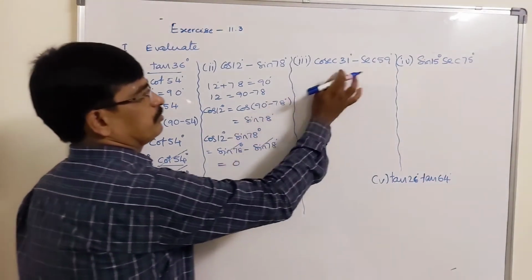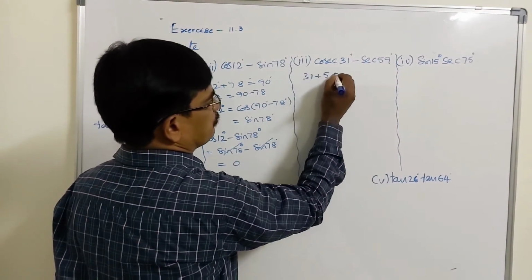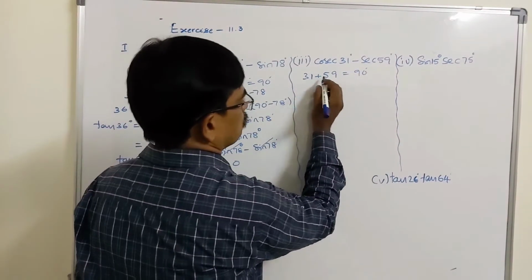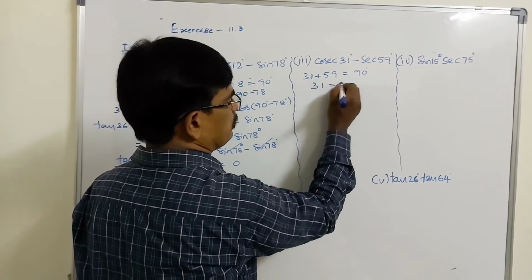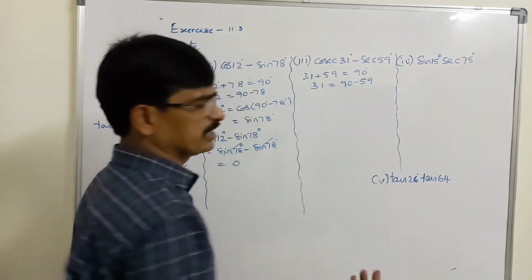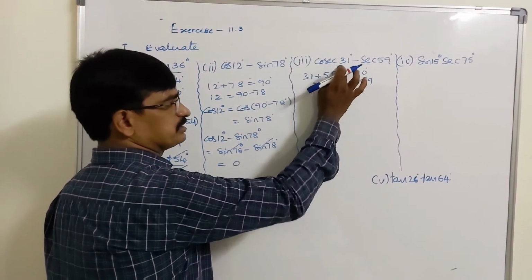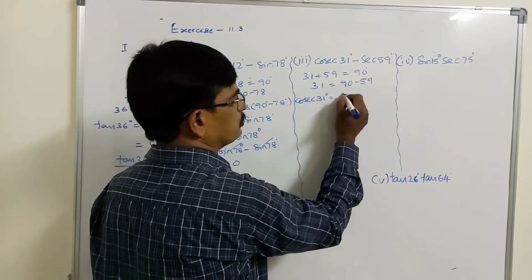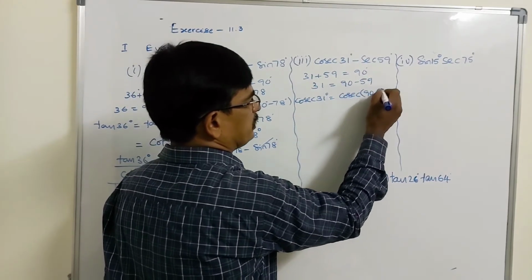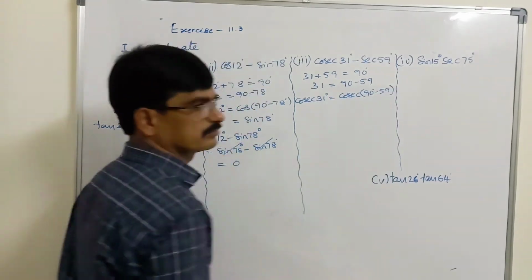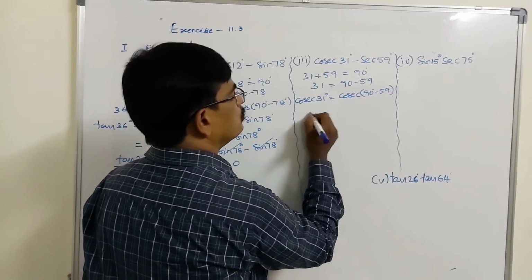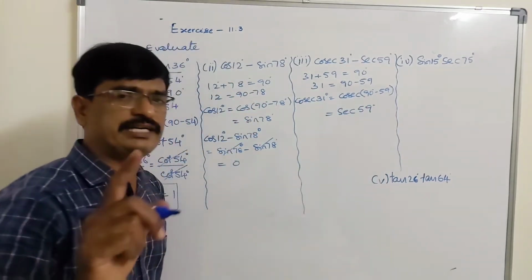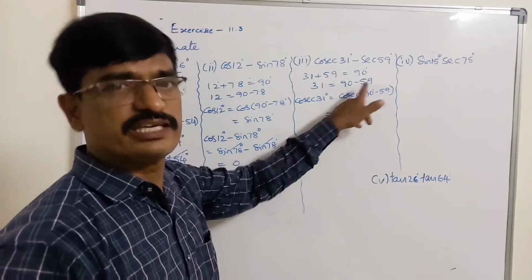Here 31 plus 59, you check once. 31 plus 59 is also 90 degrees. That is, they are complementary angles. Now transpose 59 to that side. 31 is equal to 90 minus 59. So now your cosecant 31 is there. Apply cosecant on both sides. Cosecant of 31 degrees is equal to cosecant of 90 minus 59 degrees, which is equal to secant 59 degrees, because cosecant of 90 minus theta is secant theta.